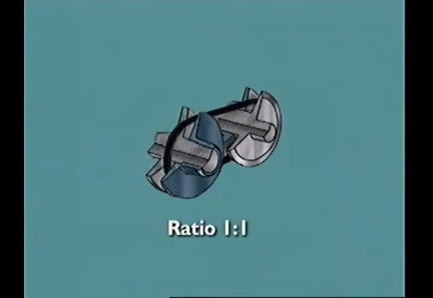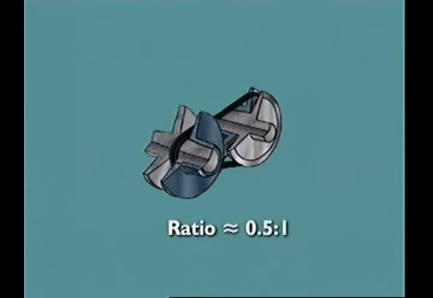When the pulleys are the same size, a 1-to-1 direct drive gear ratio is created. With the drive pulley narrowest and the driven pulley widest, an overdrive ratio of about 0.5 to 1 is created.